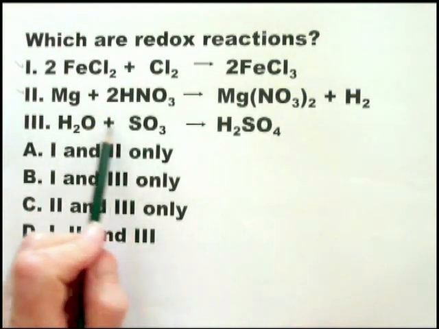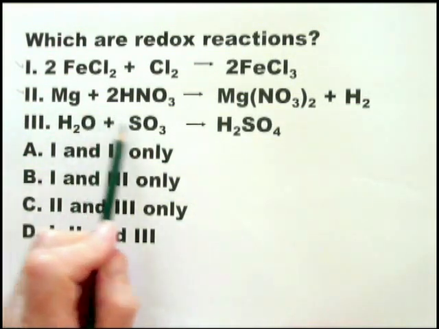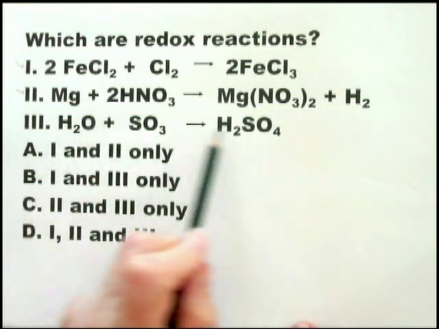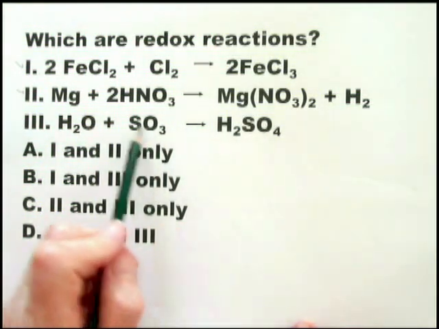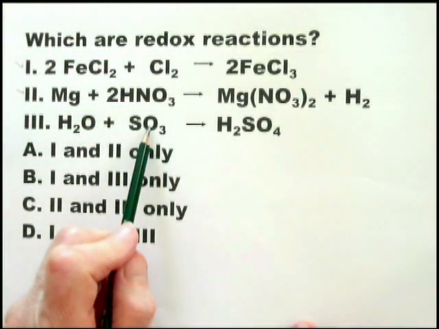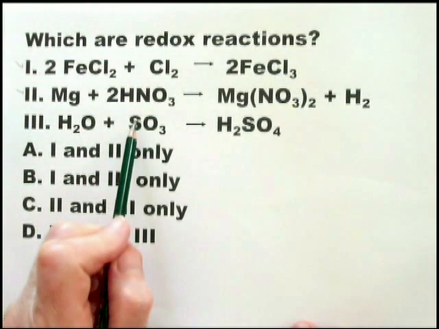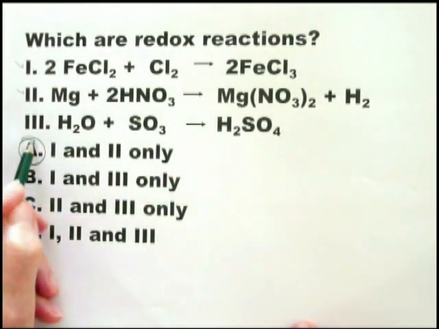In this case, no oxidation or reduction takes place. Hydrogen and oxygen remain the same state in this. Oxygen remains the same state in that. So probably without even doing any calculation, the sulfur also would remain the same state. So 1 and 2 are the only ones.